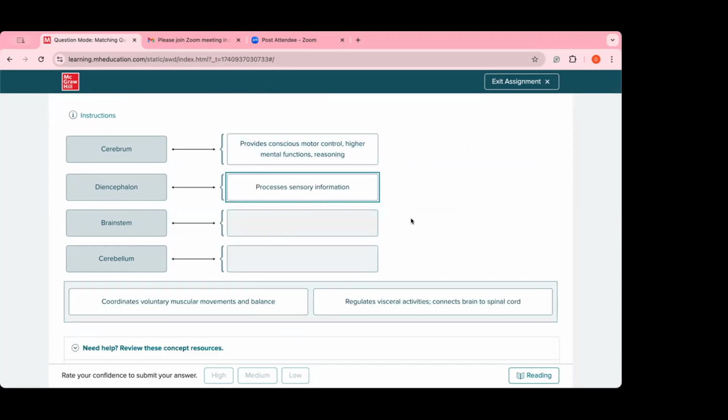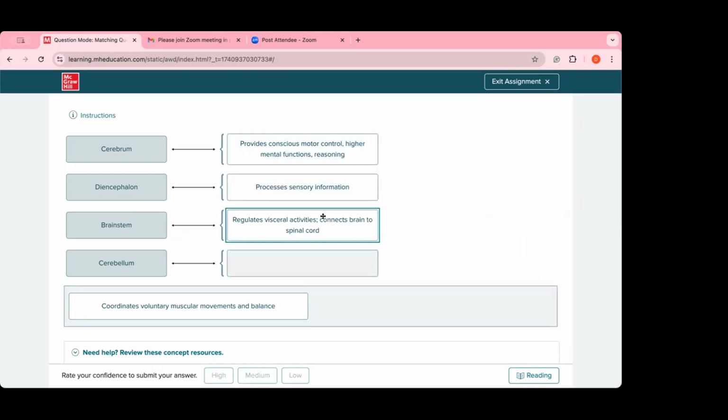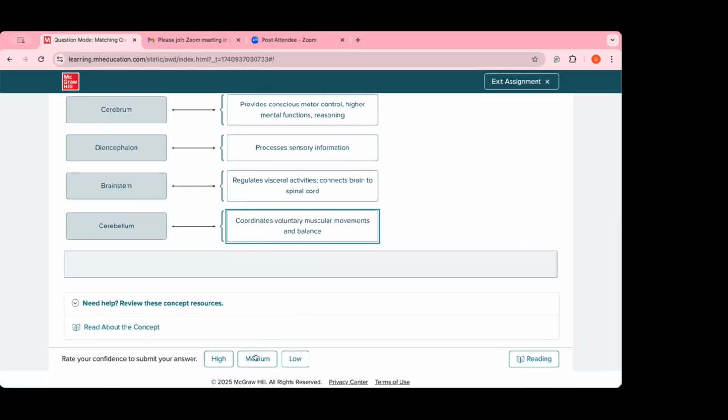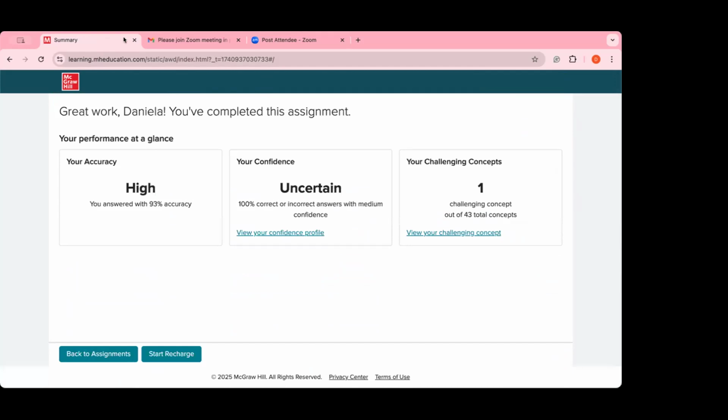Regulates visceral activities is the brainstem. So the one on the right goes in the third, yeah. And then cerebellum coordinates voluntary muscle movements and balance. Cool. Not too bad.